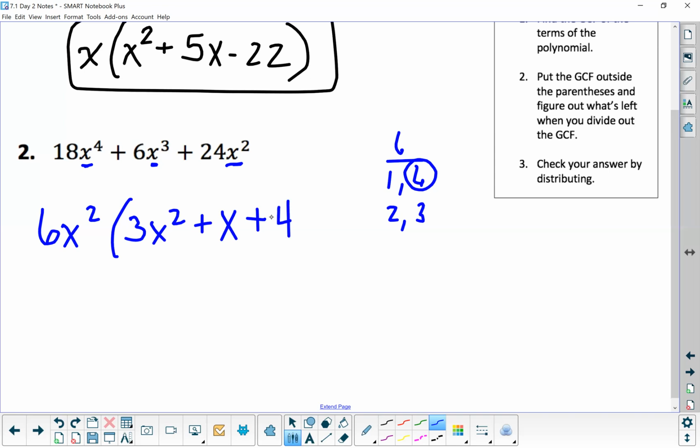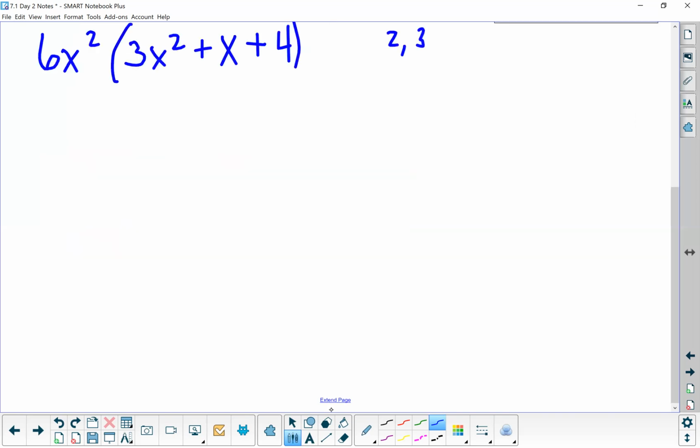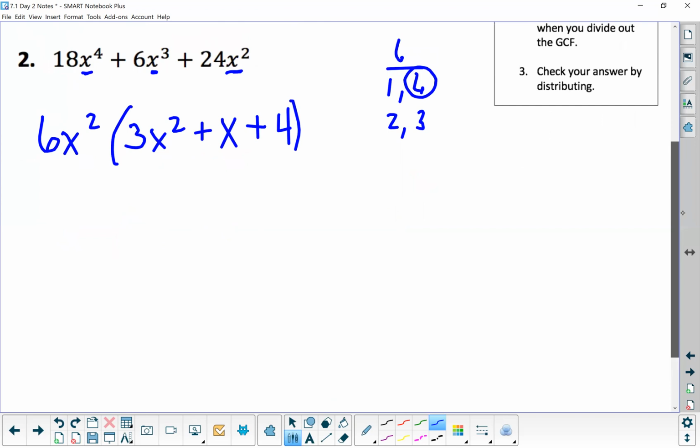We had x squared. We factored out x squared. So we don't have any x's to put in that expression. So the factored form 6x squared times the quantity 3x squared plus x plus 4.